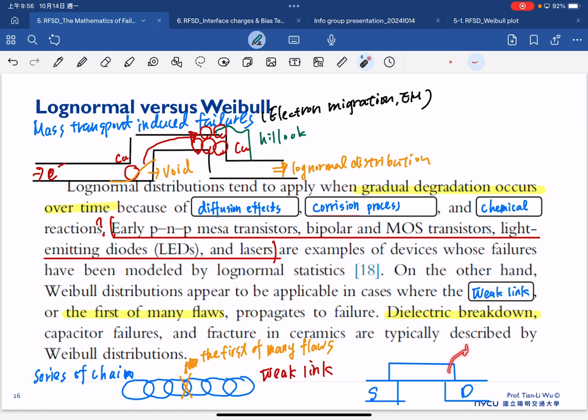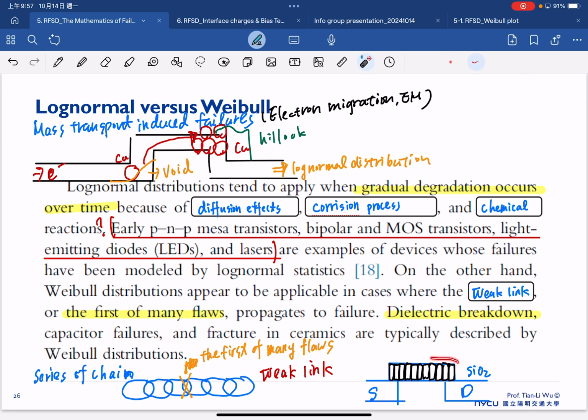Now we can try to divide this gate dielectric into small pieces from left to right. We can make this dielectric as small as we can. So now the dielectric can be considered as a series of small dielectrics.